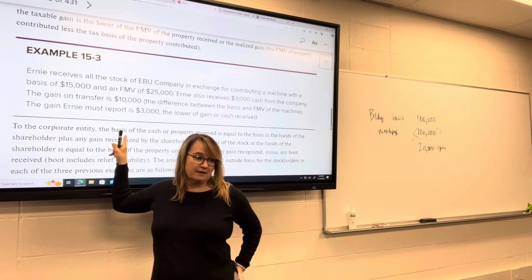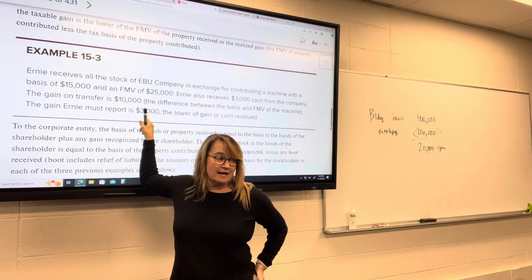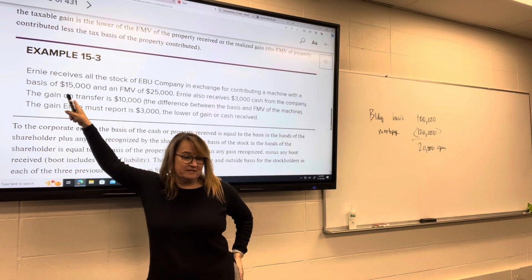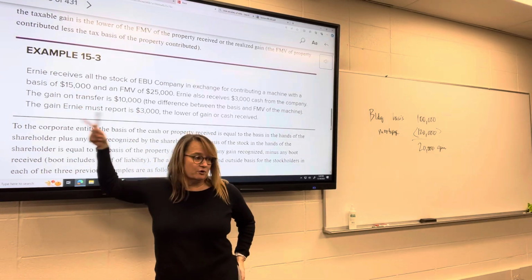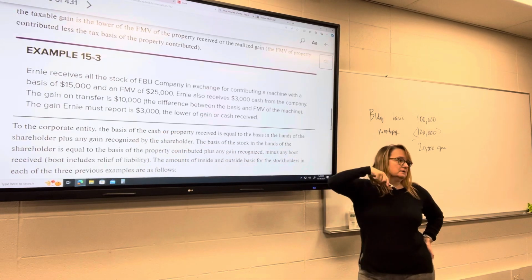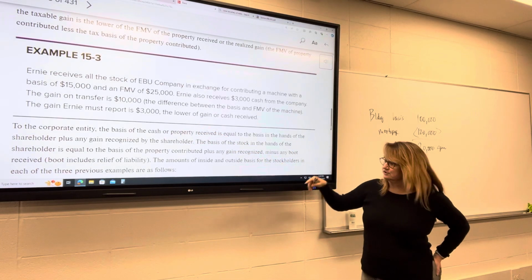Those two added together. If there was no boot and he didn't have to recognize a gain, then the basis to the company would just be the $15,000. It's just going to transfer over. But because Ernie had to recognize some gain, now that gain gets attached to the property that was actually contributed.